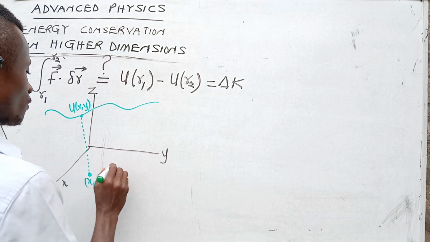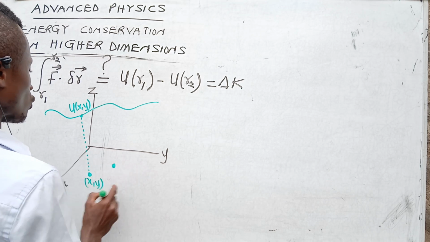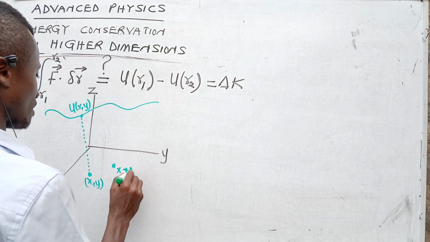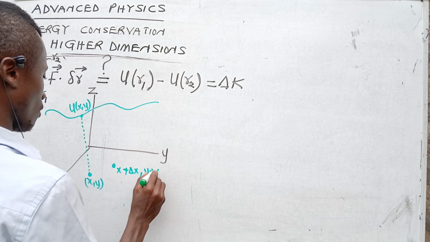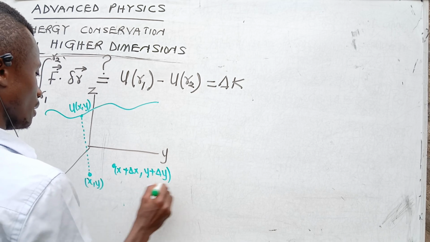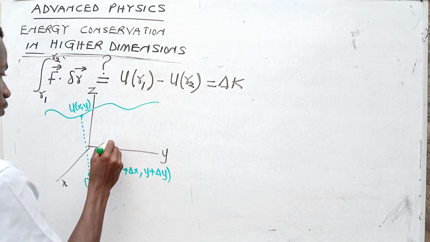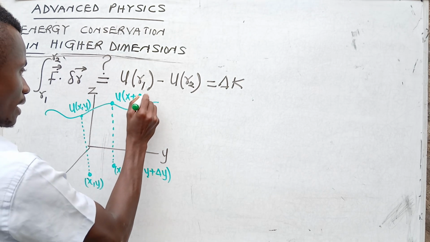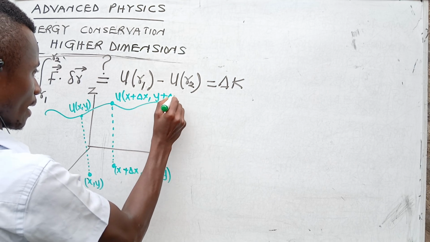And let's just say you moved to a different location close to xy. Let's call that x plus delta x, y plus delta y. And associated with this new location is also another height. Let's call it u of x plus delta x, y plus delta y.